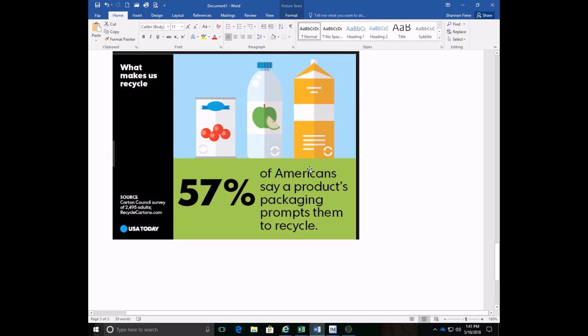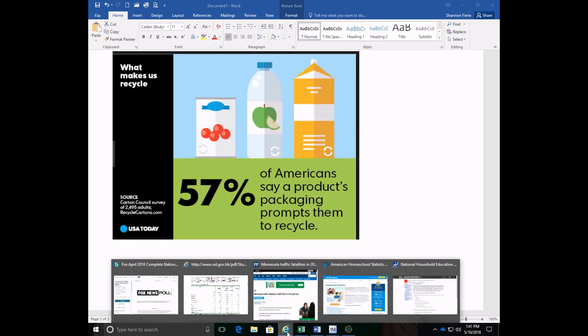And now we are not given what the population is, but we have to infer it. Because they say Americans say, all right, we're going to say that the population is the group of Americans that recycle, the entire group of Americans that recycle. Again, it's not given to us, but we have to make an inference about it. But the sample is given to us.